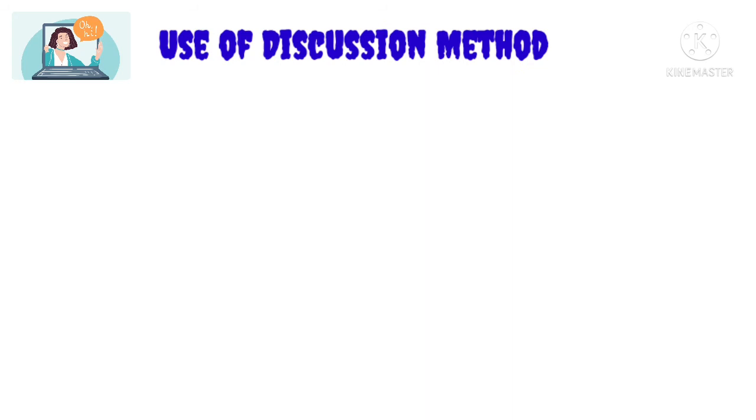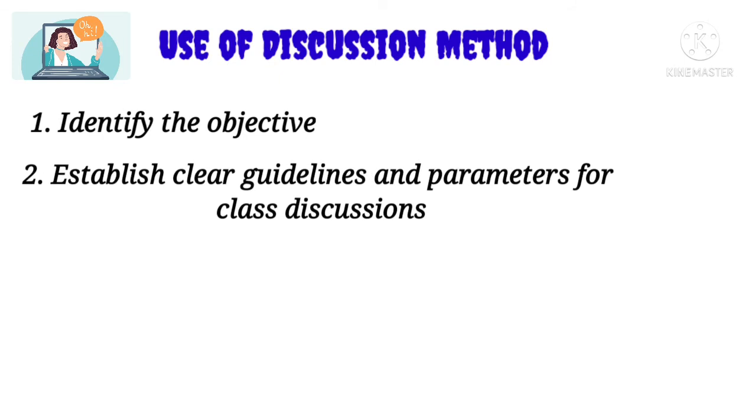Now, where and how do we use the discussion method? First, identify the objectives. Before starting any classroom discussion, be sure to write the objectives where anyone can see them, and read them aloud. Establish clear guidance and parameters for the classroom discussion.